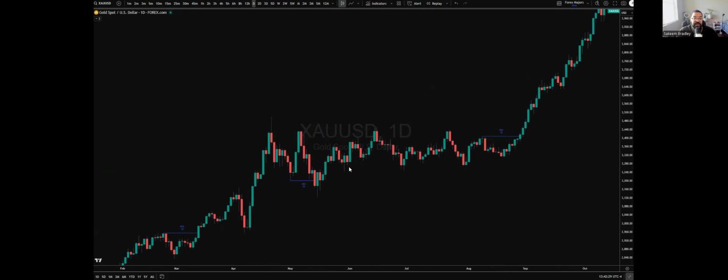So when we are approaching a key area of support, I like to look at the bodies of the candle close above a certain zone, because that's showing me that this area is a significant price point. That price is rejecting that zone for a particular reason.